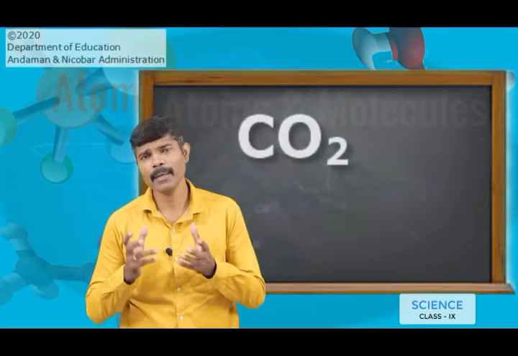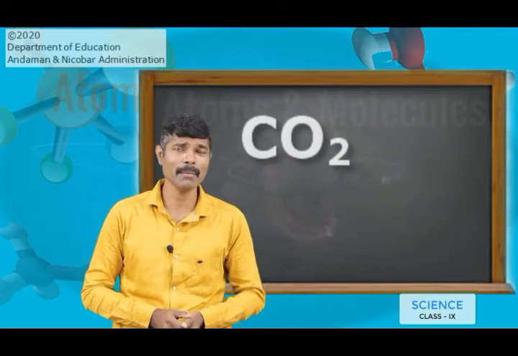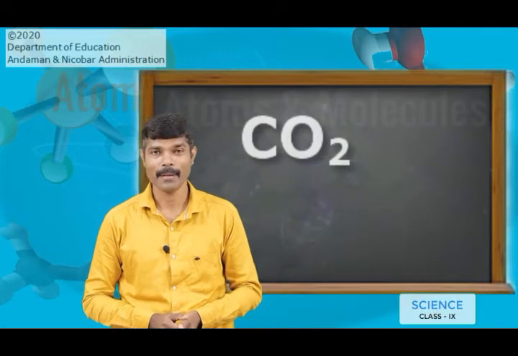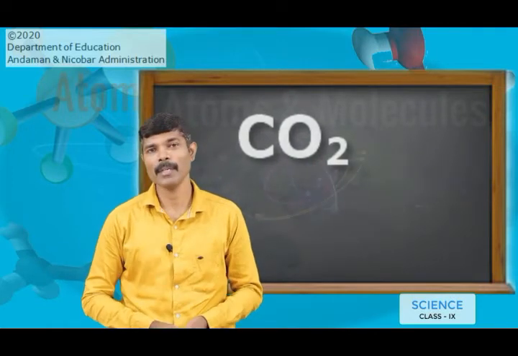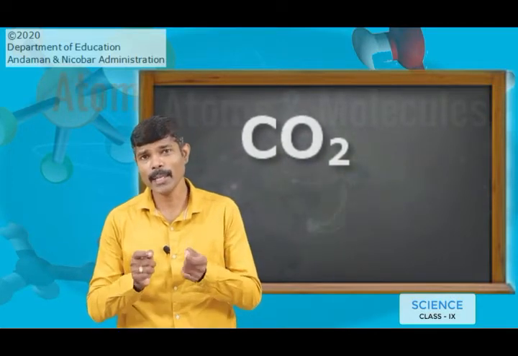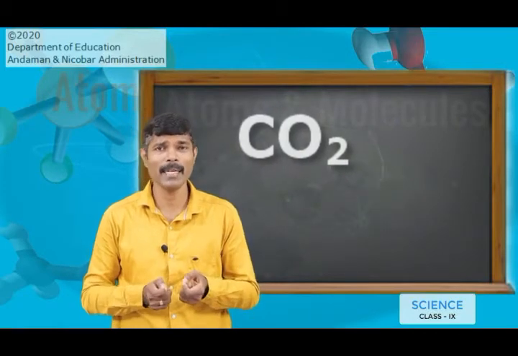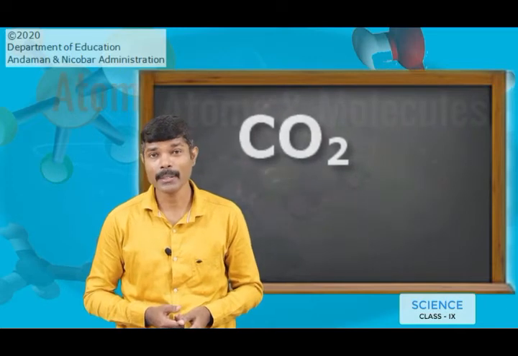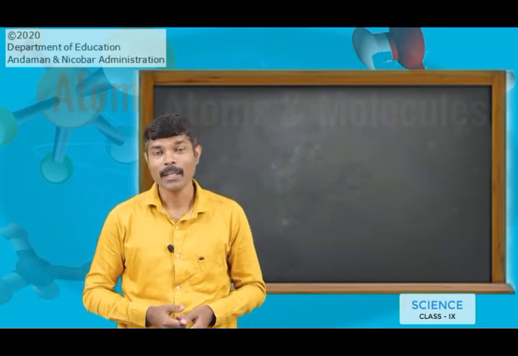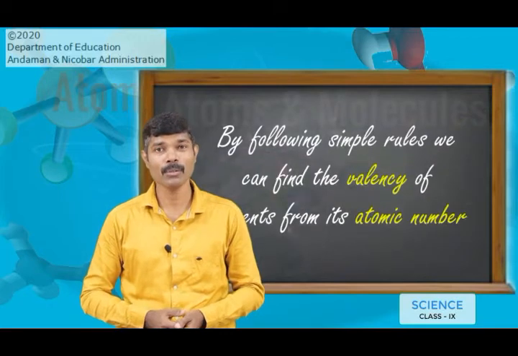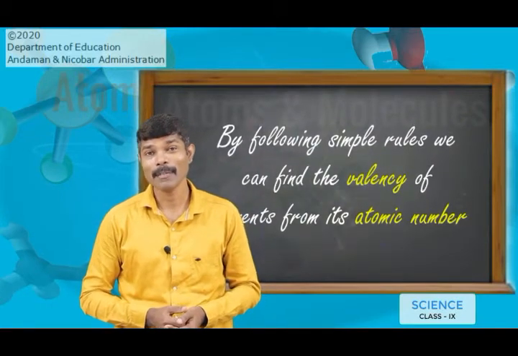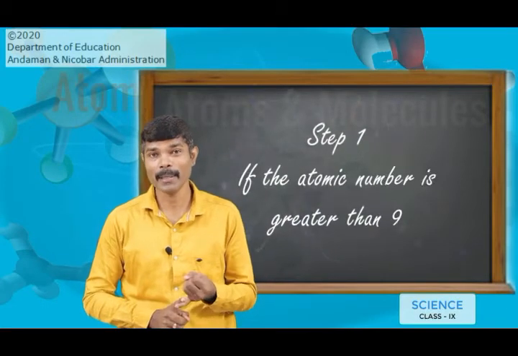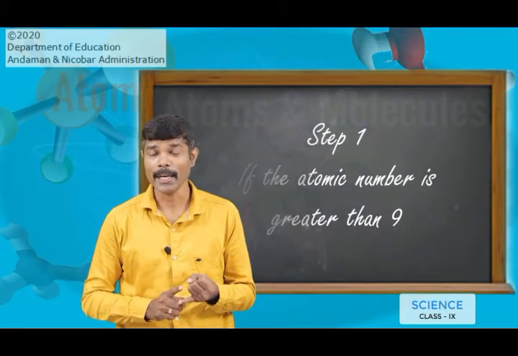By using simple techniques, you can easily remember the valency of an element for a long time, but for that you must know its atomic number. If you know the atomic number, from the atomic number we can easily find out the valency of an element. How it is done, about that we will see. There are certain rules to be followed to find the valency from atomic number. Firstly, you have to see whether the atomic number is greater than 9 or not.